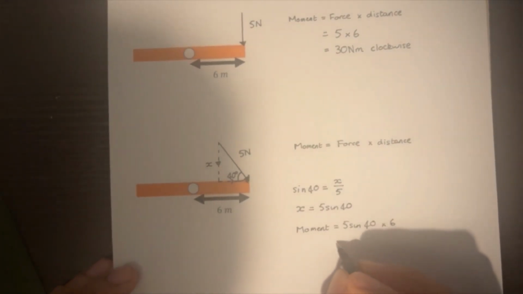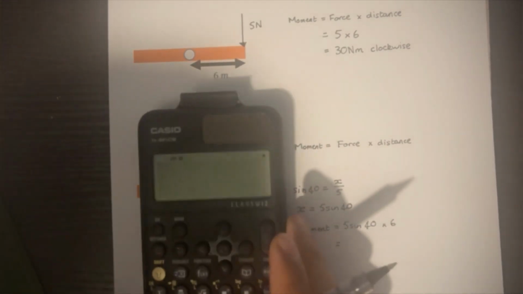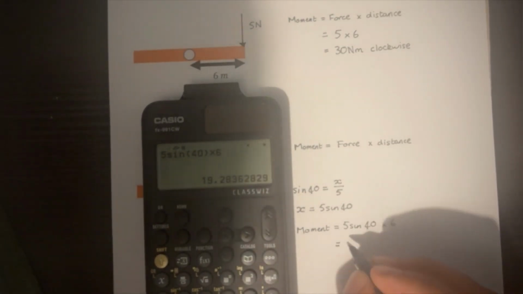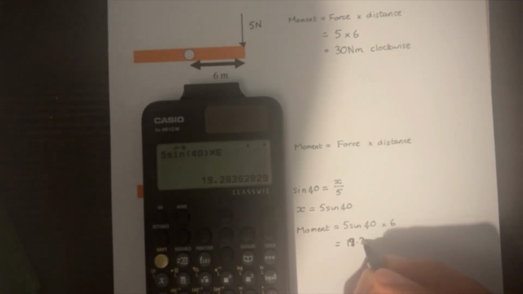That remains as 6. So in our calculator, we can go 5 sine 40 multiplied by 6. And then that is going to give me, to one decimal place, 19.3 Newton meters.